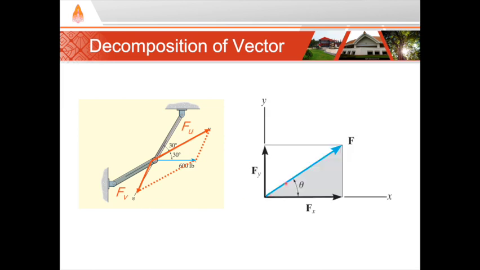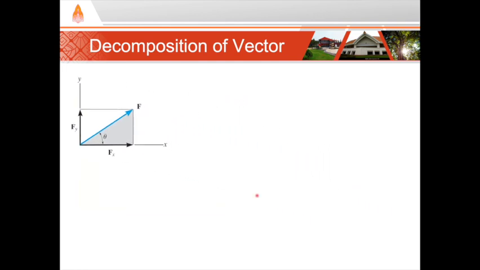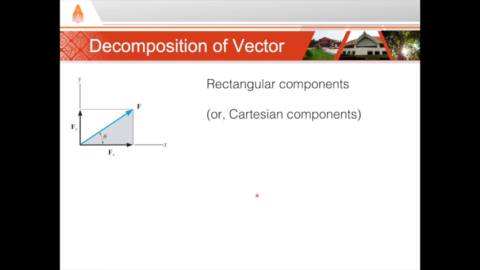So if we have this force F and we want to break it up into its components along the x-axis and y-axis, this can be very useful for us. So let's learn how to do that. If we take a force and break it up or resolve it into two components along the x and y axes, those components are called the rectangular components or the Cartesian components of that vector.